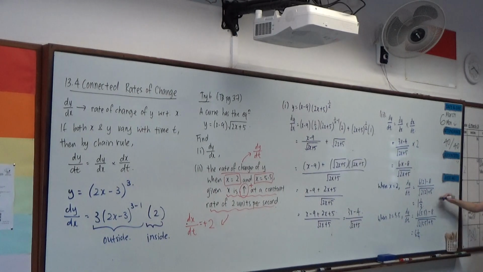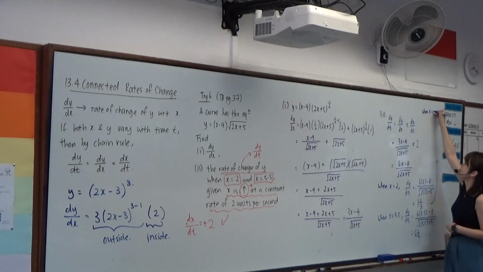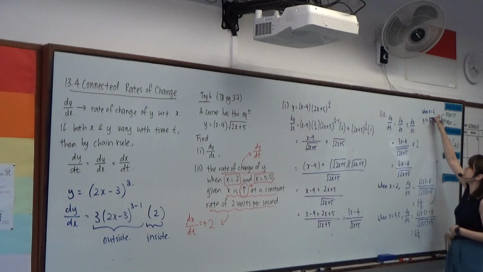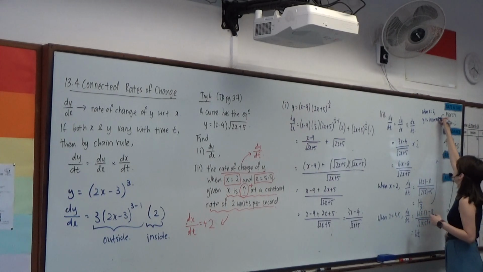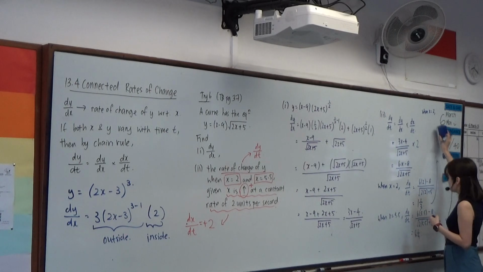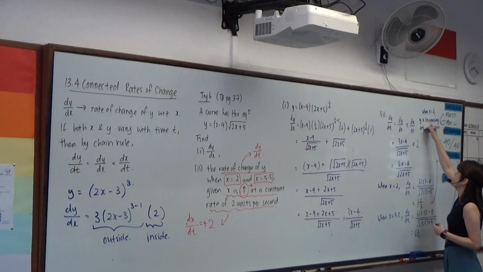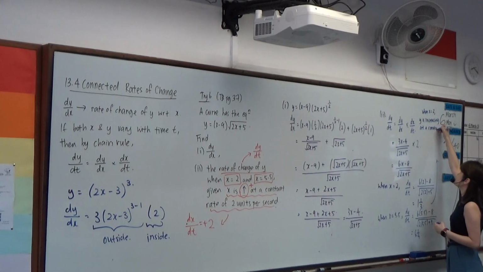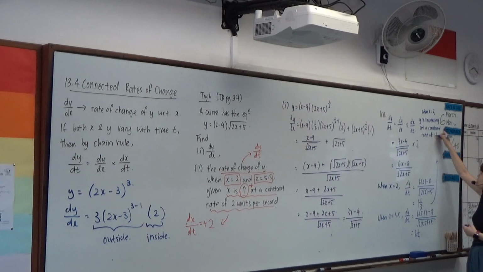What we can then conclude is that when x equals 2, y is increasing at a constant rate of 1 and 1/3 units per second.